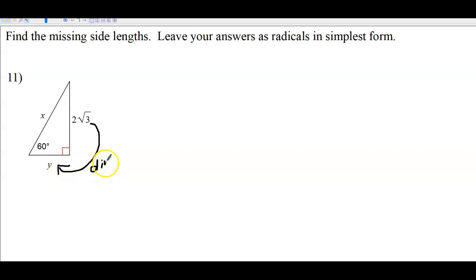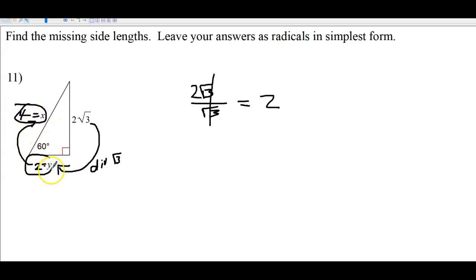Dividing by the square root of 3. So if I take my long leg and I divide it by the square root of 3, that'll give me my short leg. These cancel out. I'm left with 2. So the short leg must be 2. And if the short leg is 2, what does that mean the hypotenuse would be? 4. So x equals 4 and y equals 2.